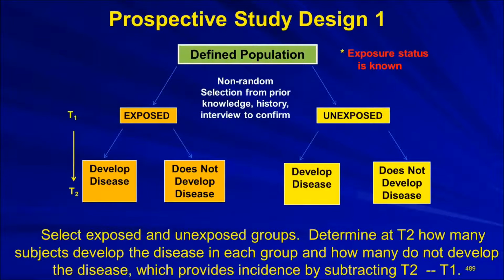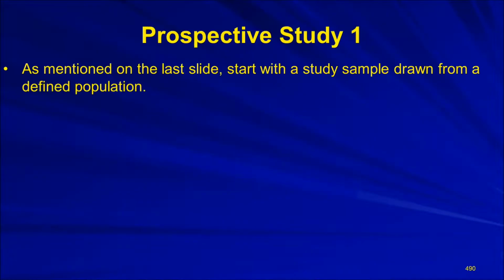generally I just want you to understand the design, and I want you to understand the difference between design 1 and design 2, okay, because I'm going to show you another one, and these are the most popular ones, okay? Second design. As mentioned, let me just stay with this one for a few more minutes. It says, as mentioned on the last slide, this is now putting it out in prose, so if I talk too quickly or whatnot, you can read this for yourself.